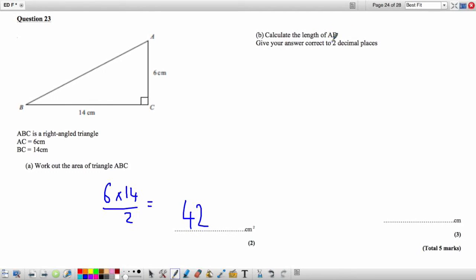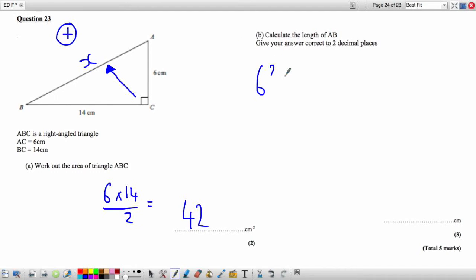In part B, we have to find the length AB. That's this length here. So we're finding the hypotenuse, the longest side. We have a right-angled triangle, so we're going to be doing Pythagoras with an addition.